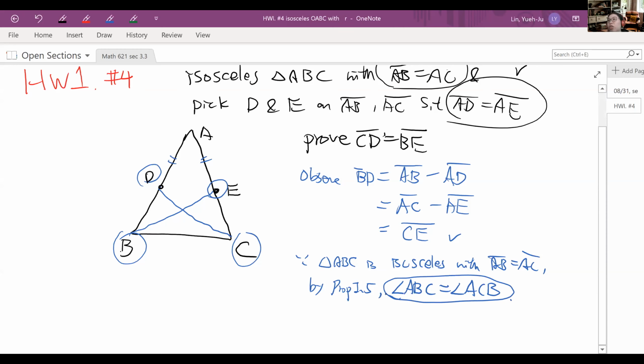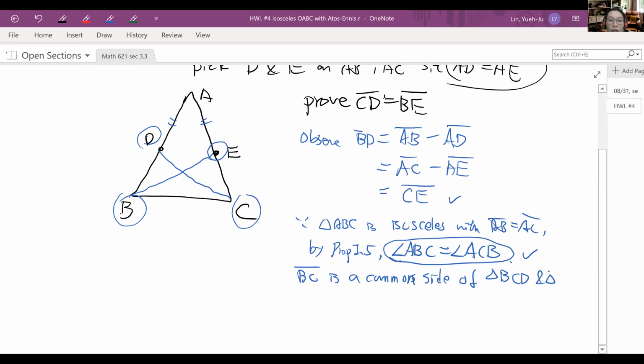Now we have this second condition. And if you notice that BC is a common side of two triangles, you want to compare BCD and CBE. Let me draw the picture here: BCD and EBC.